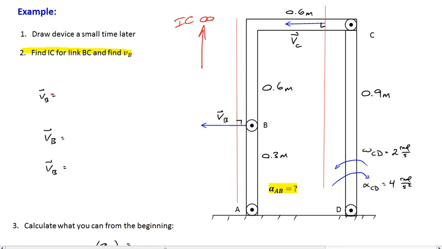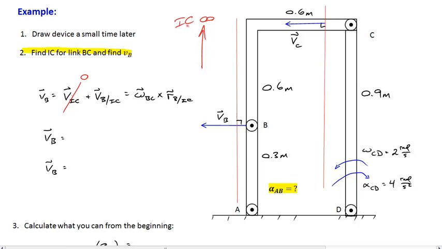And that's really important. I'll write out the relative equation for VB. The velocity of B is the velocity of the instantaneous center plus the velocity of B relative to the instantaneous center. Of course, at this moment in time, the velocity of the instantaneous center is equal to 0. So the velocity of B relative to the instantaneous center is just the cross product of the angular velocity of BC with the position of B relative to the instantaneous center.